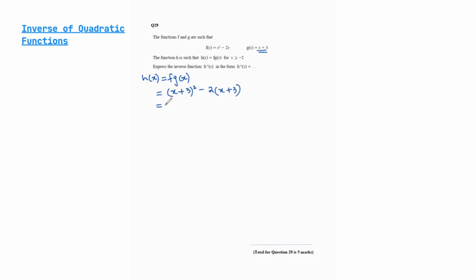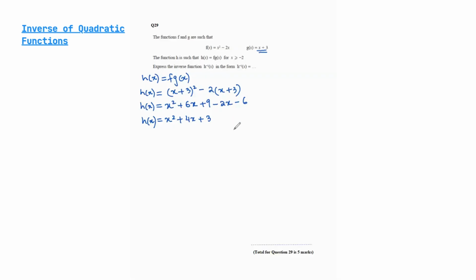X plus 3 whole square is x squared plus 6x plus 9 minus 2x minus 6. Collect the like terms. So x squared plus 4x plus 3. This is your h of x, which is a quadratic function.